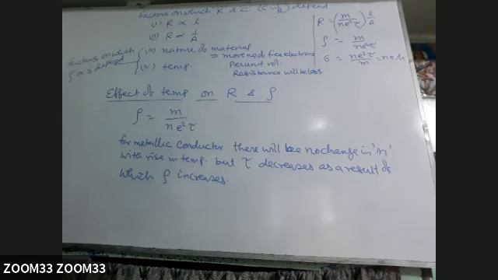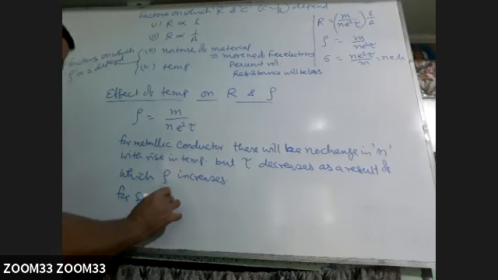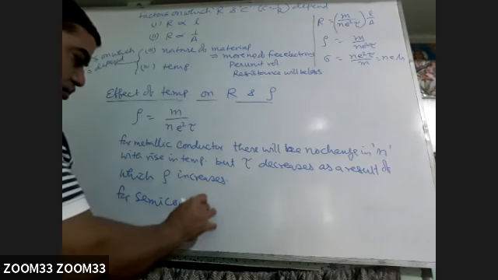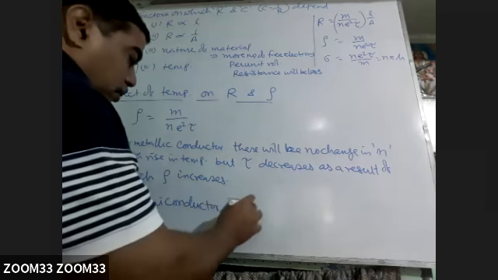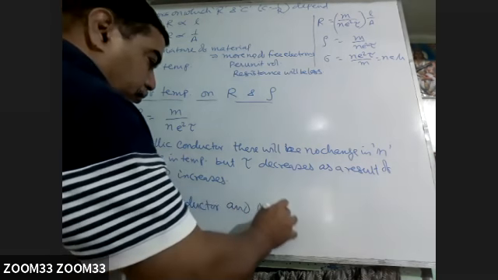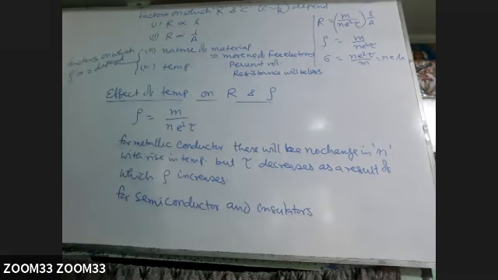In case of semiconductor, maybe p-type, maybe n-type, semiconductor that we will discuss afterwards. So for semiconductors and insulators, this number of free electrons increases with rise in temperature.